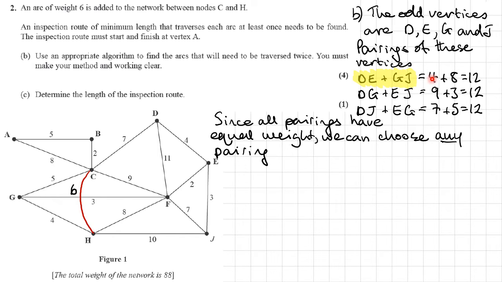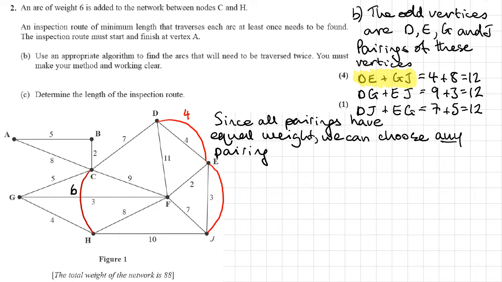So D to E, that was 4, so that was this route. So this is going to be doubled up. So let's just put that on our diagram here. So another weight of 4. Then to get from G to J was along this route, wasn't it? It was G, F, F, E, E, J. So let's double those up.